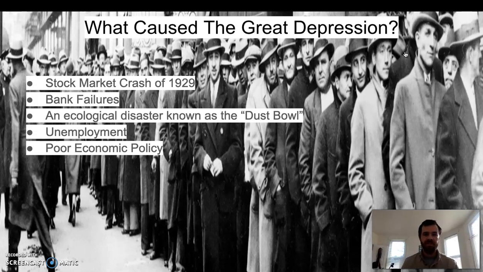In the background in this photo, you can see actually a group of businessmen waiting in line to receive soup. So this is an event that shaped American history, and it shaped the lives of those people who lived it.